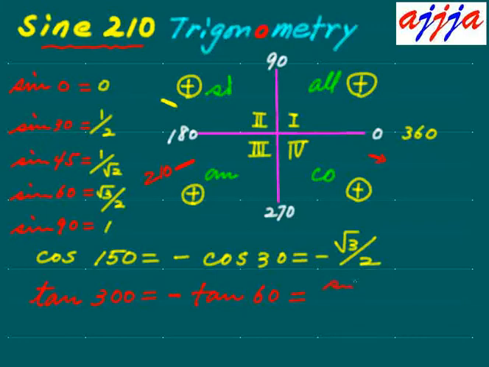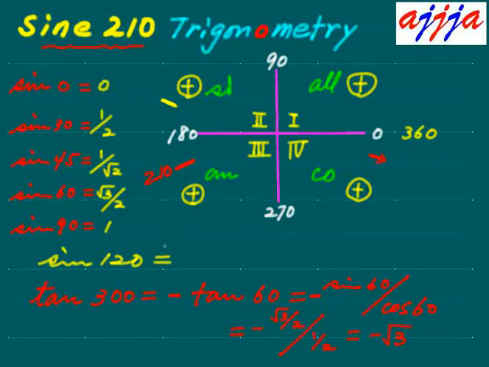That's why tangent 60. We did that one already, so you can use the sine 60 over cosine 60 technique, which is negative right here. Then that's it.